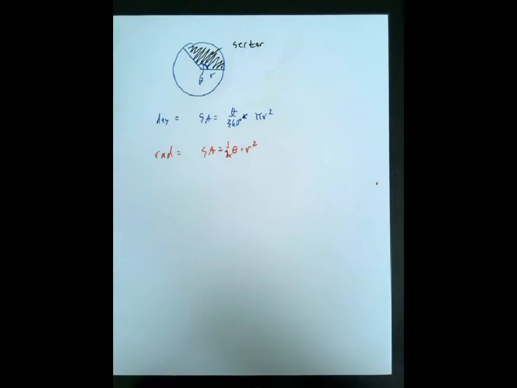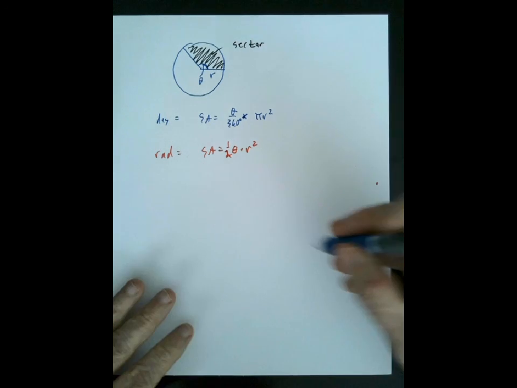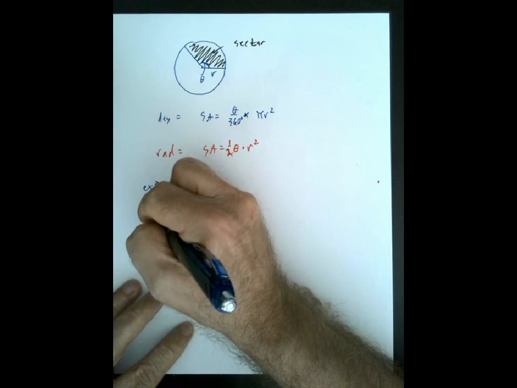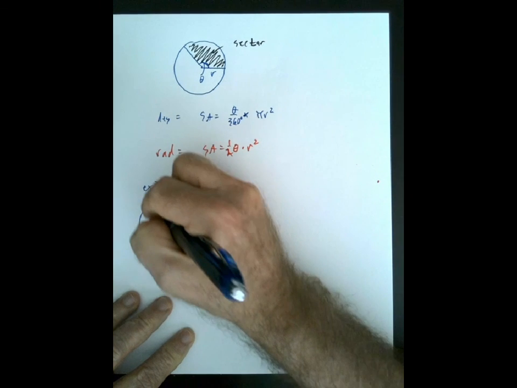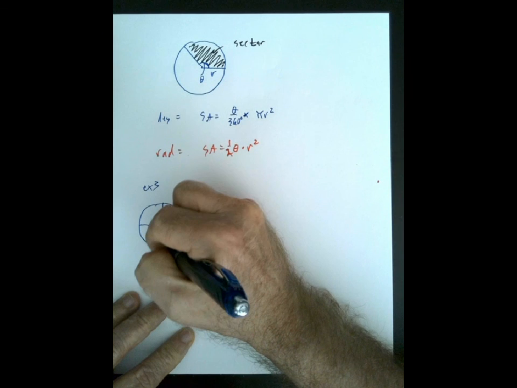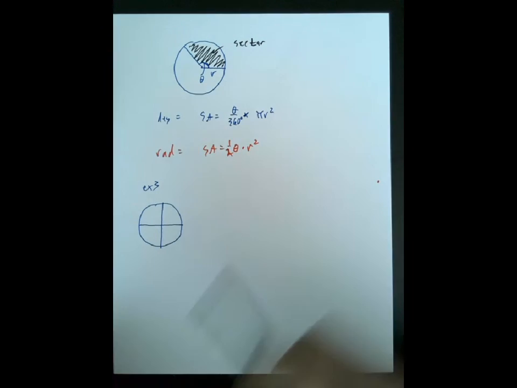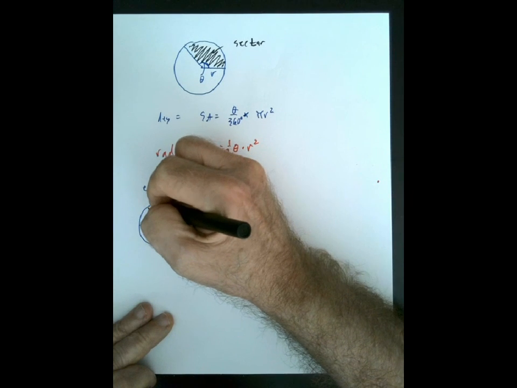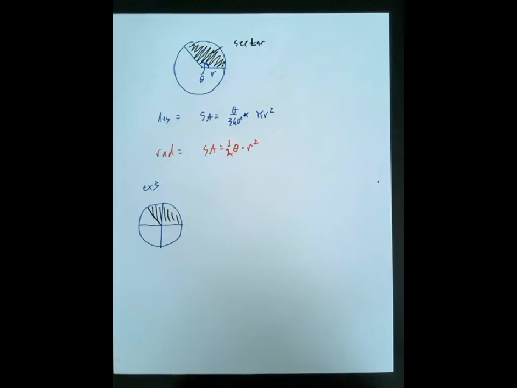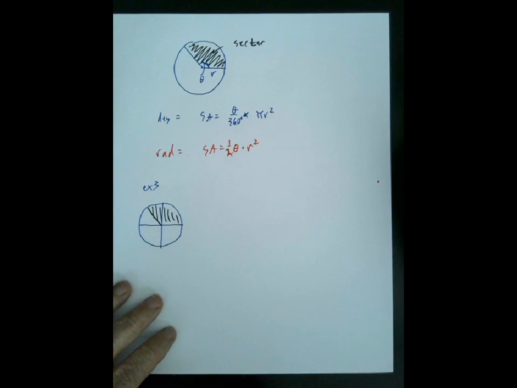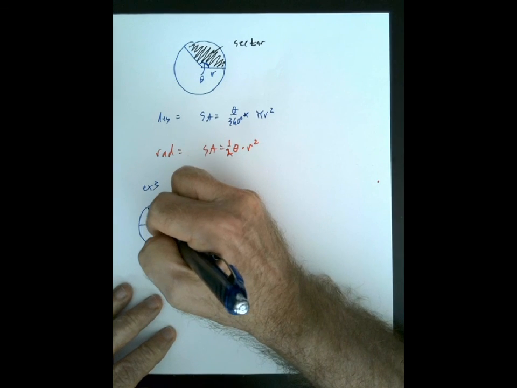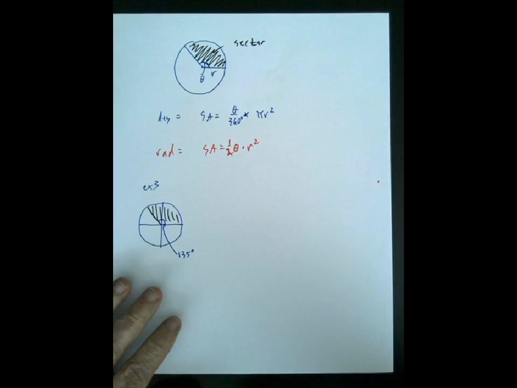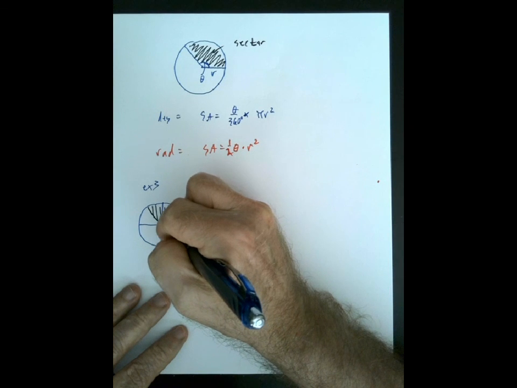Okay? All right, so let's see how that goes. We had 2 examples already, so let's do example 3. Let's say we've got a pie piece here, a circle, and let's say it's that sector there, where the angle is 135 degrees and the radius is 4 meters.